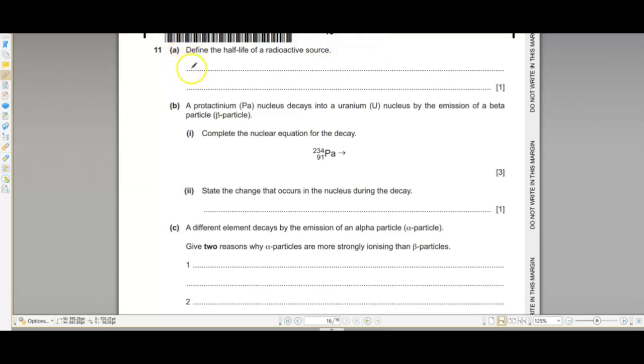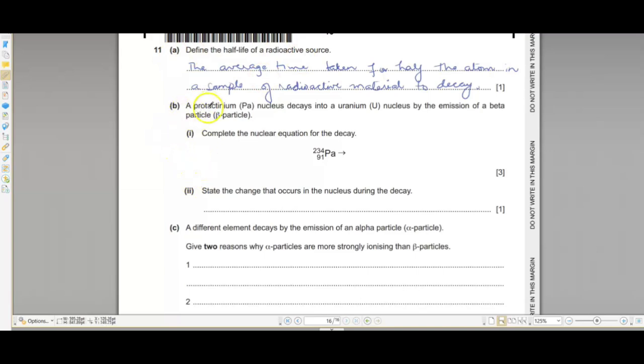So it is the average time taken for half the atoms in a sample of radioactive material to decay is the half-life of a radioactive source.